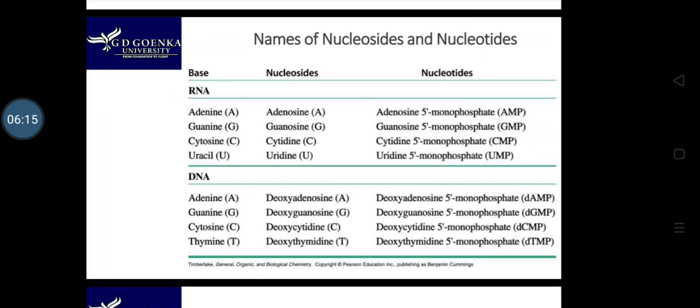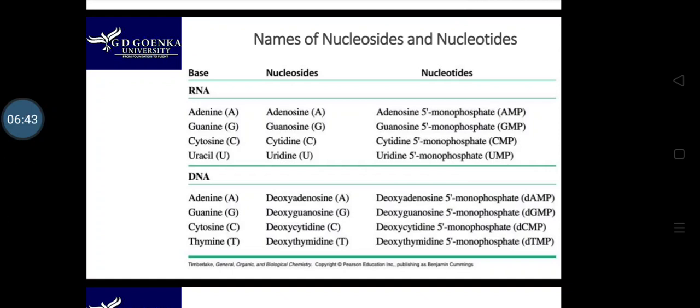So the base in the case of RNA, if it is adenine, the nucleoside becomes adenosine and the nucleotide becomes adenosine 5 prime monophosphate, AMP. If the base is guanine, the nucleoside will be guanosine and the nucleotide will be guanosine 5 prime monophosphate.